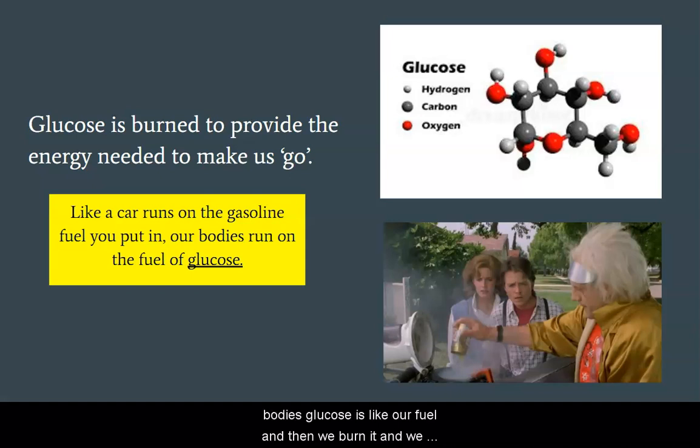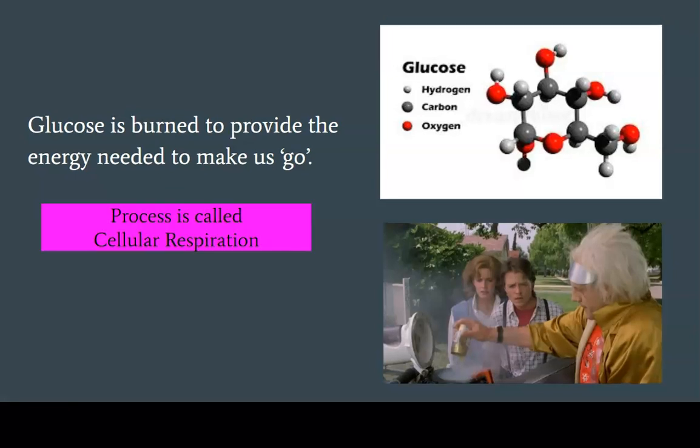For our bodies, glucose is like our fuel, and then we burn it, and we are able to carry out all of our daily functions. And that process of burning glucose and getting it to the point of a usable energy source is called cellular respiration.